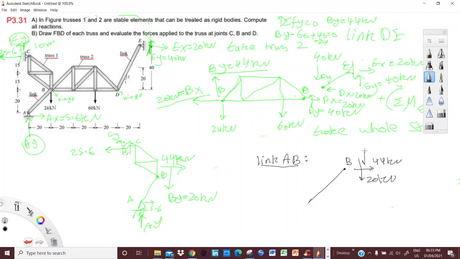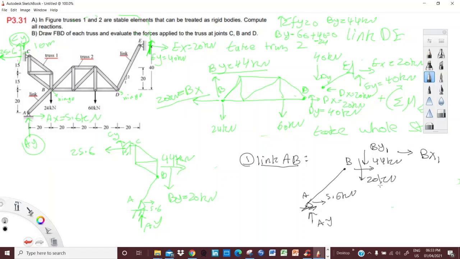But you also have a By1. Let's assume this is 1, okay? And you also have Bx. And here you have support A, 5.6 kilonewton, upward is A1.